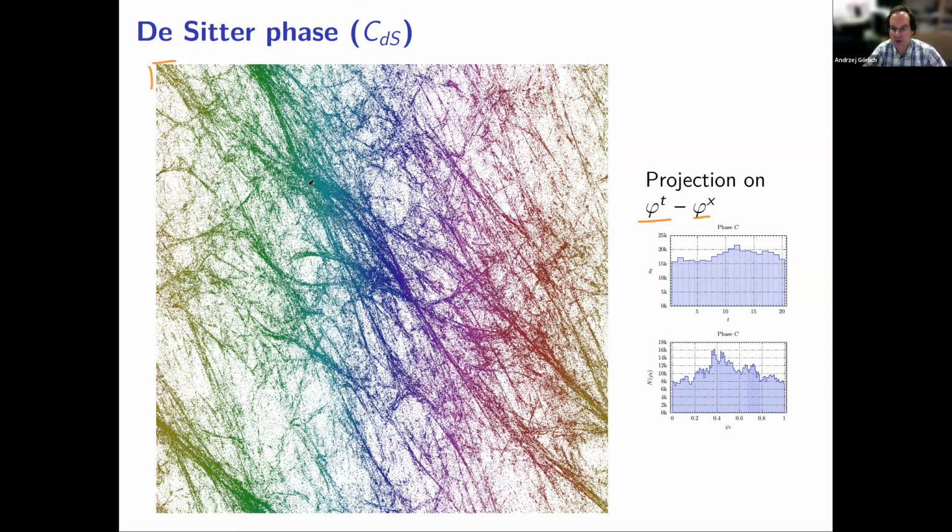And the color is also connected to the original time coordinate of the foliation. So phi t is computed with a boundary which is given by one of the slices, but it doesn't mean that it agrees exactly with the original time coordinate. But it does more or less, which you can see, as the color changes gradually from yellow through green, blue, red, and then to yellow again, because it is periodic.